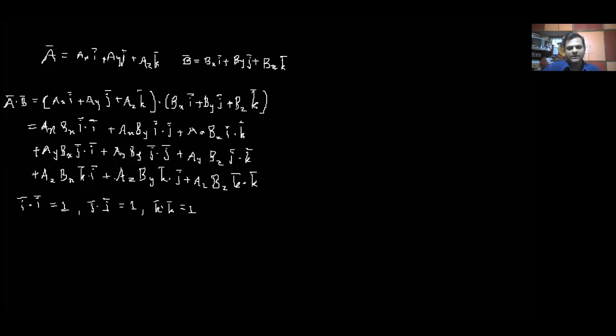At the same time, i bar dot j bar, j bar dot k bar and also k bar dot i bar are going to be equal to 0.